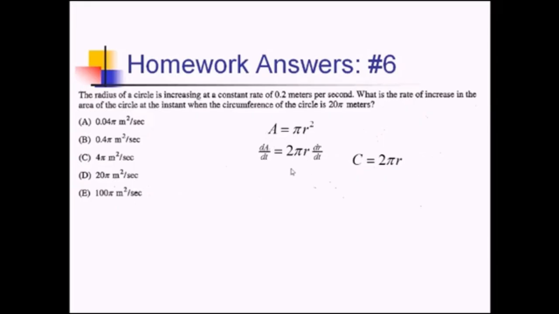So then we'll have 20π times 0.2. Well, 0.1 of 20 would be 2, so 0.2 of that's going to be 4. So we have 4π total for that one. And that's going to be meters squared per second, because this is the rate of change of the area of the circle. So that was choice C.